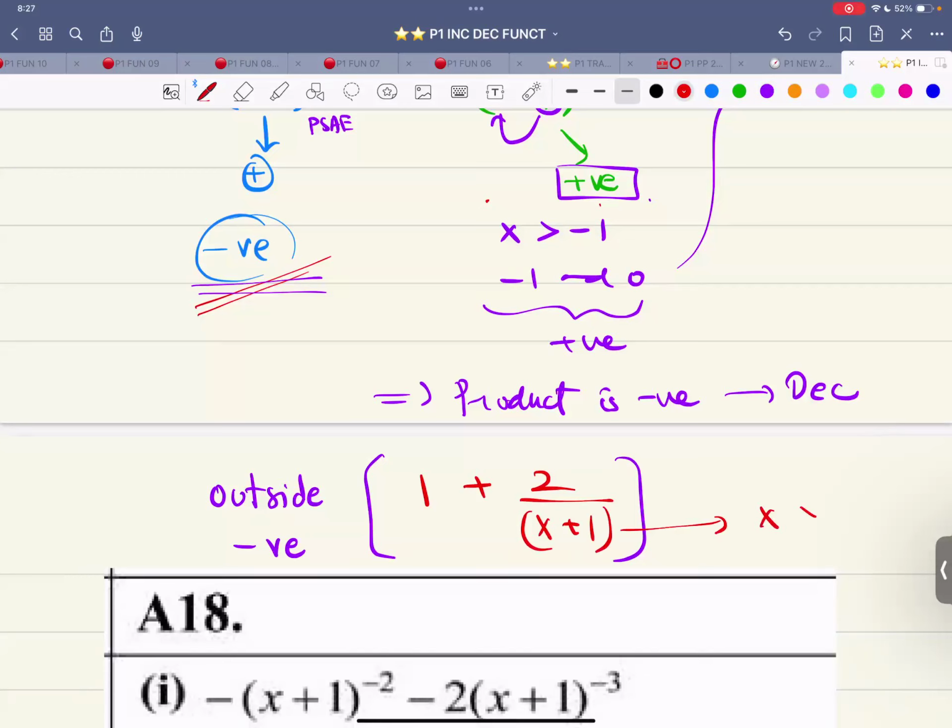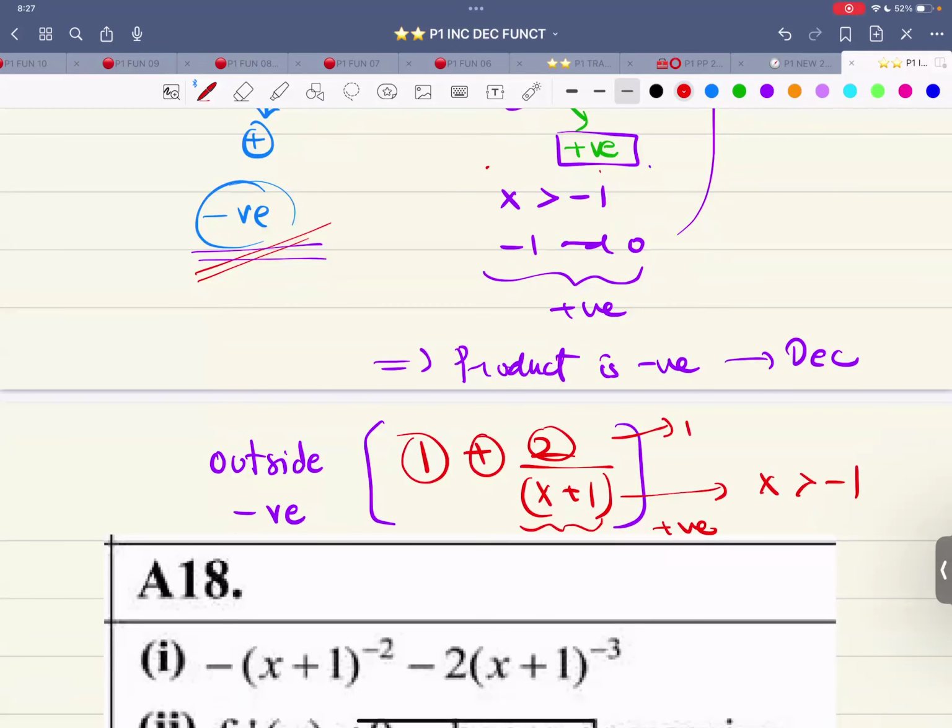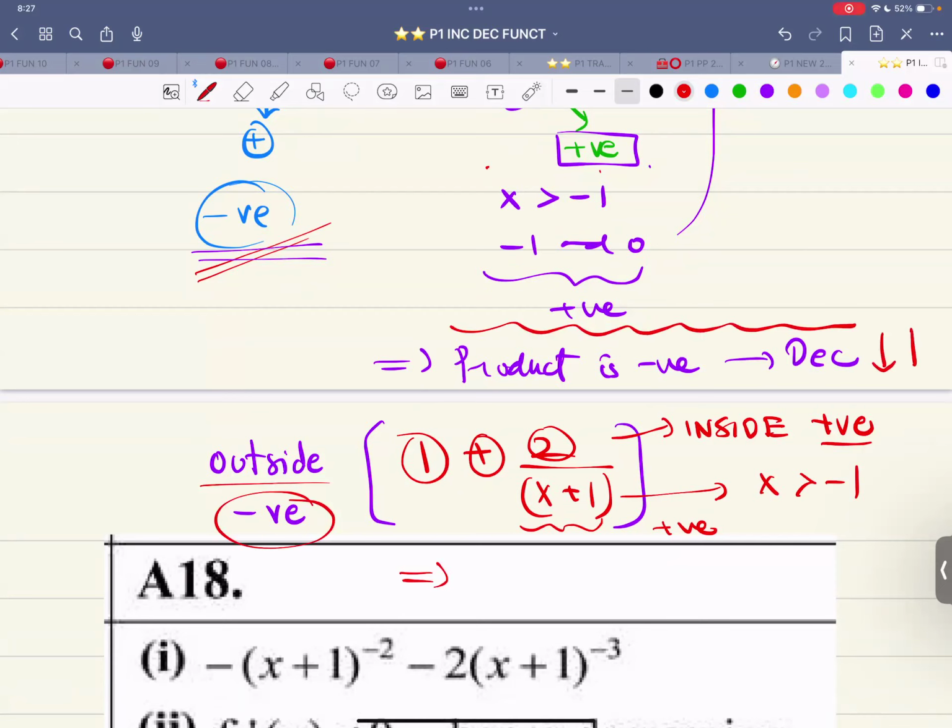Since x is greater than -1, therefore this thing is positive. 2 is positive. This is positive. This is positive. Therefore, the inside is positive. Inside is positive. Outside is negative. The product is negative. Therefore, this is a decreasing function.